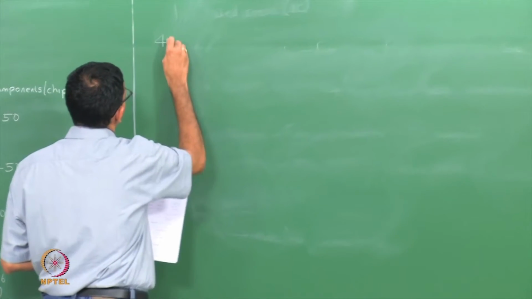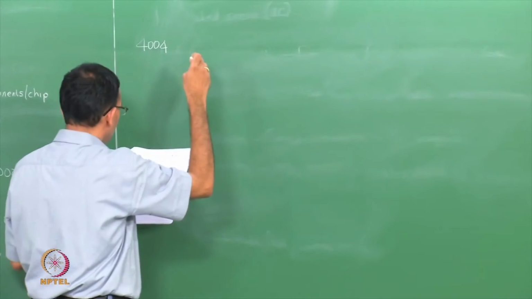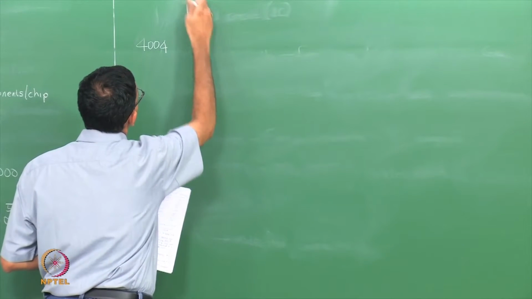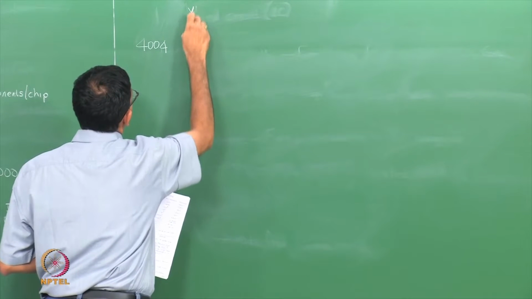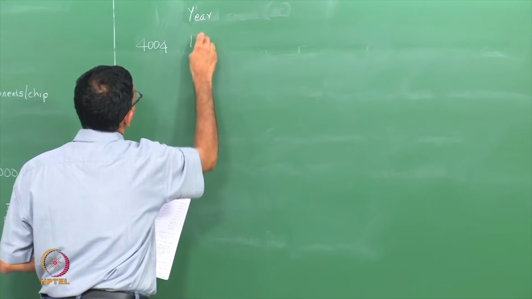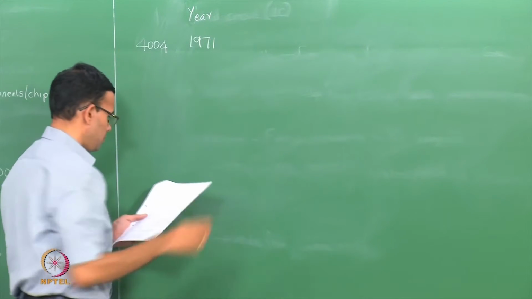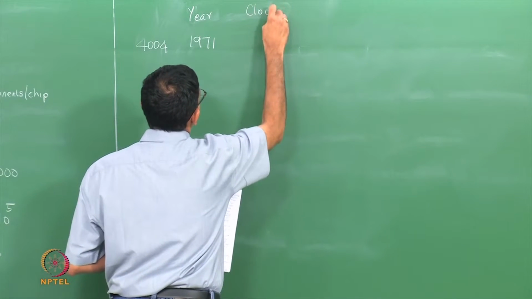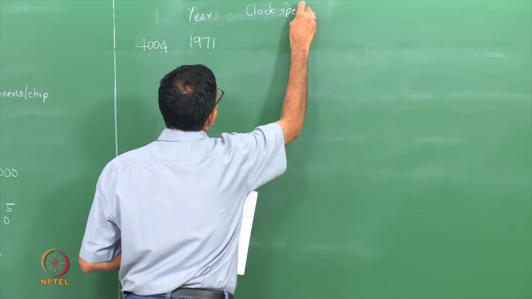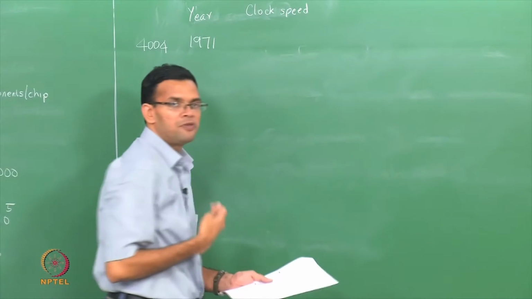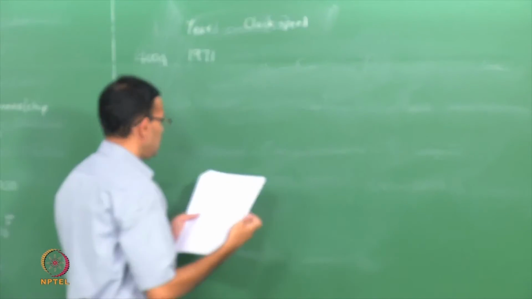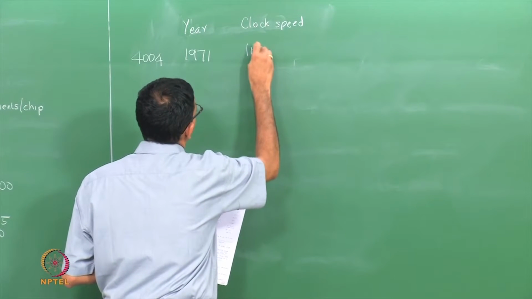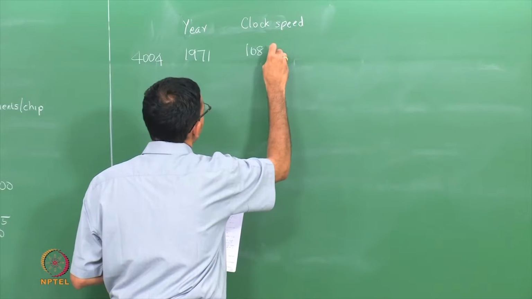So, we look at the first chip, which is 4004. The year of manufacture is 1971. We usually define something called a clock speed, which tells you the frequency of operation of the device. Clock speed is around 100 kilohertz.